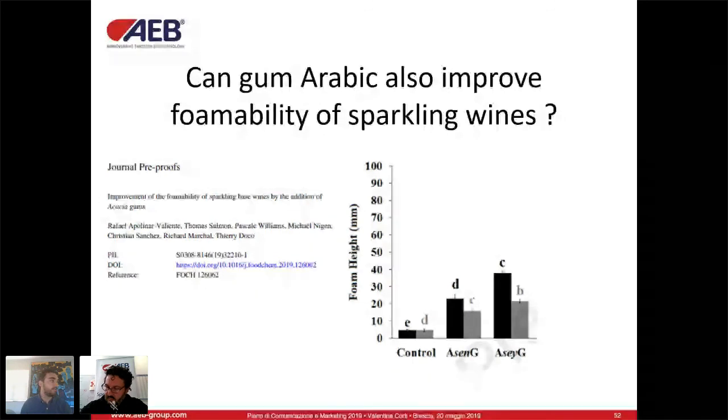In terms of ageability, the golden ratio that research has shown is that the ratio between condensed tannins and ellagic tannins should be 4:1.